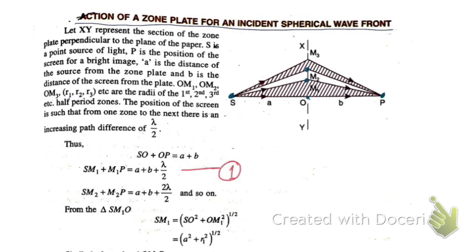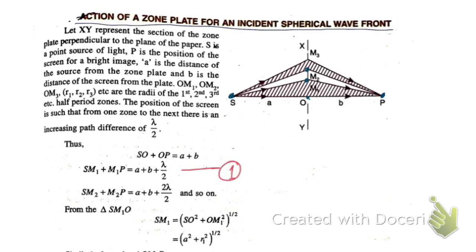Hope you know what is half period zones. Hope you have the idea of Fresnel's half period zones. Okay, so now you see the position of the screen is such that from one zone to the next zone is increasing path difference lambda by 2.